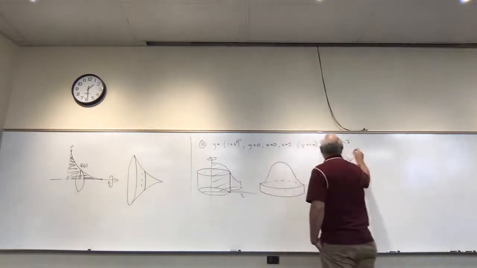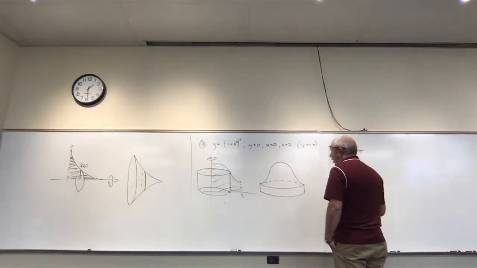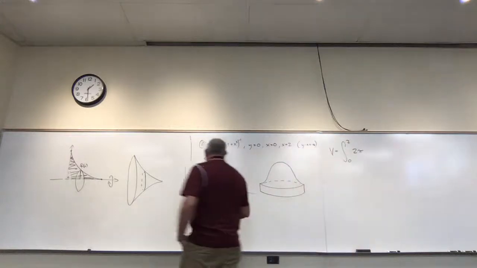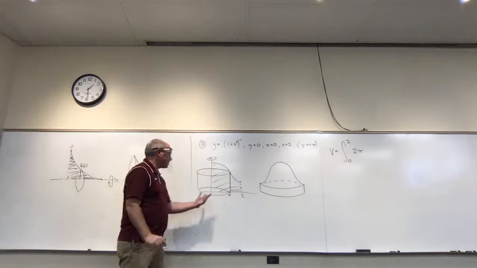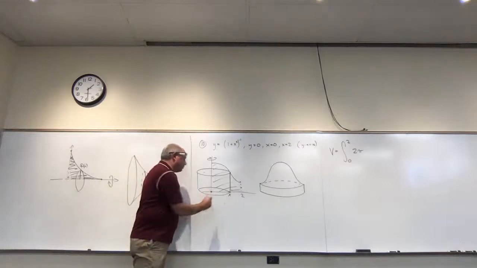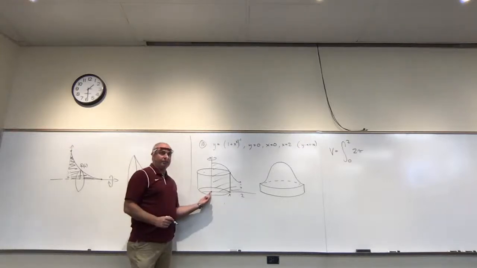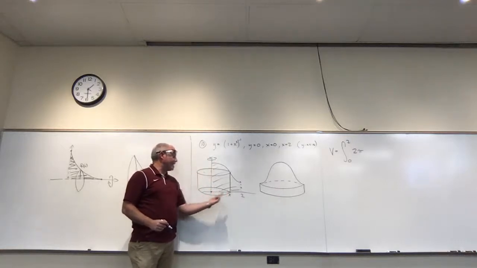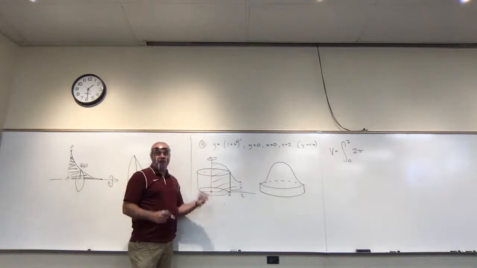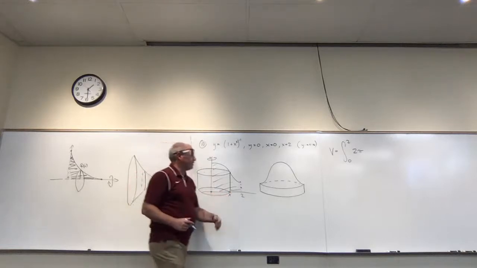So 2 pi, it's easy. R, okay. If I'm just sitting over here at a random x, how far am I from the center of that shell? In this case, I'm just circling around an axis, so typically that means it's just x or it's just y. In this case, it's just x.